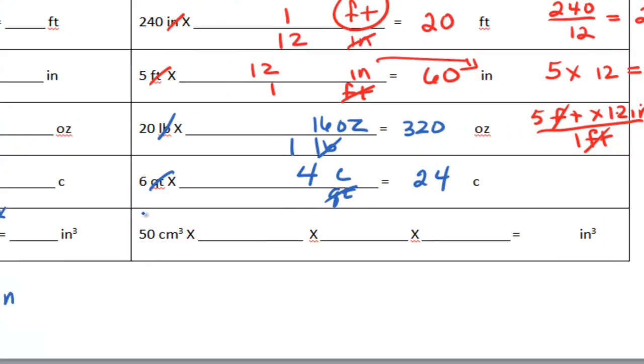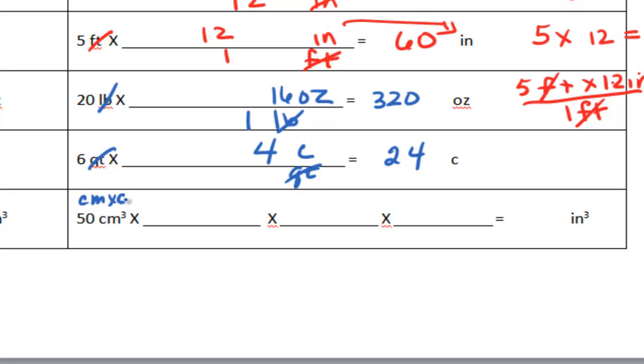Well, what centimeters cubed means is that you have multiplied centimeters times centimeters times centimeters. So we need to cancel centimeters out 3 times, and we need to convert them into inches 3 times. So we actually need 3 conversion factors, and each time there are 2.54 centimeters in 1 inch.